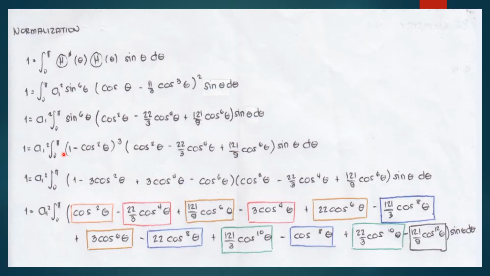expanding this term will give us 1 is equal to A1 squared integral of (1 minus 3 cosine squared theta plus 3 cosine theta raised to 4 minus cosine theta raised to 6) times (cosine squared theta minus 22 over 3 cosine theta raised to 4 plus 121 over 9 cosine theta raised to 6) sine theta d theta.